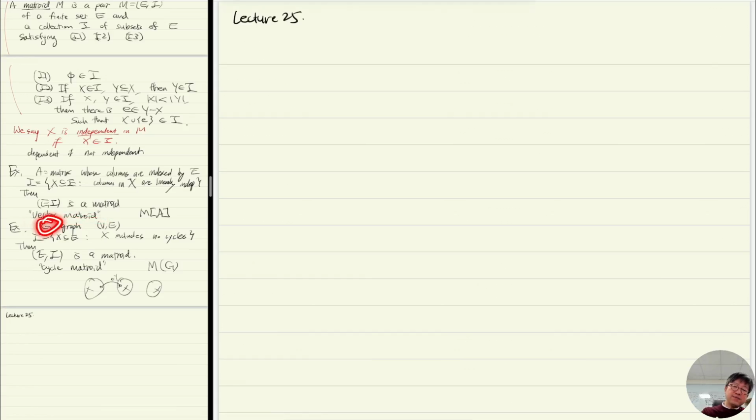And if you have a graph, the collection of all edge sets including no cycles of the graph forms a matroid, called the cycle matroid. Something is independent in M if it's a member of I. It's dependent if it's not independent.